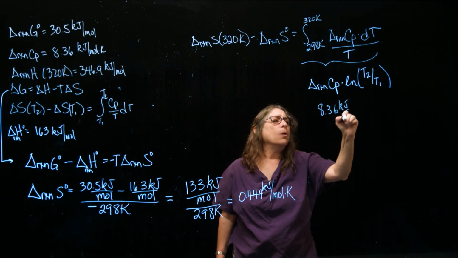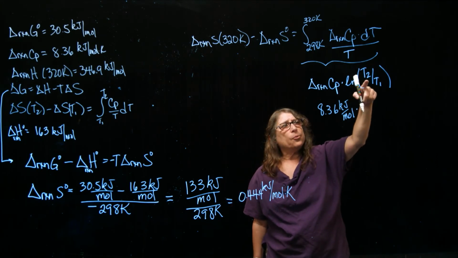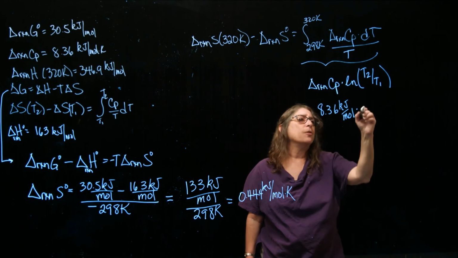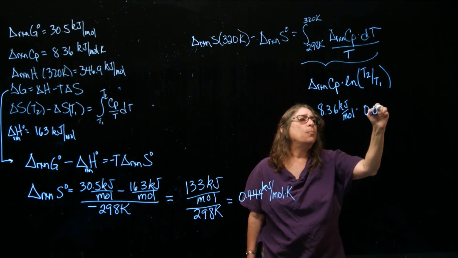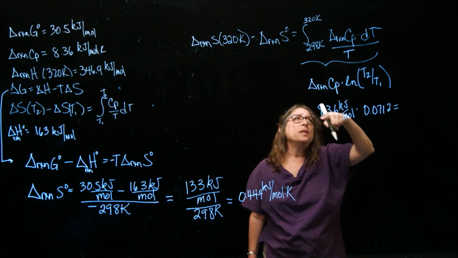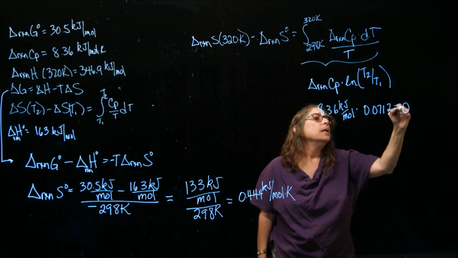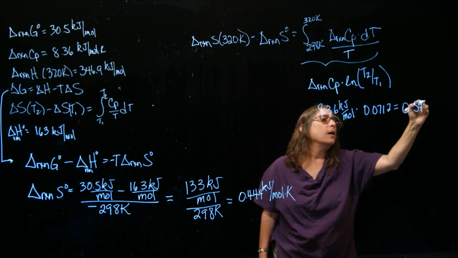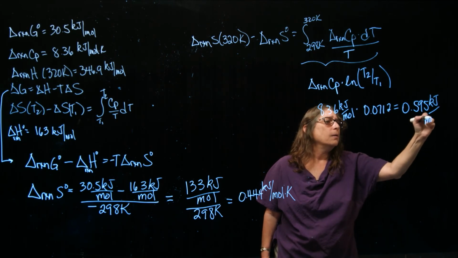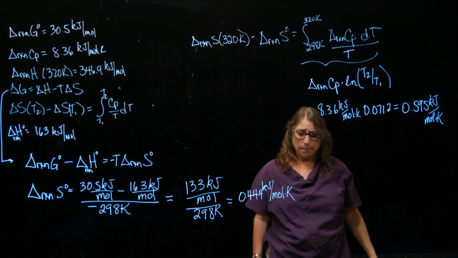And when I substitute the values in here, what I get is 8.36 kilojoules per mole times, I'm going to take 320 divided by 298 and then take the natural logarithm of that, and I get 0.0712. And so this piece, the change in the entropy in adjusting for temperature, is 0.595 kilojoules per mole Kelvin, because I'm missing a Kelvin here.